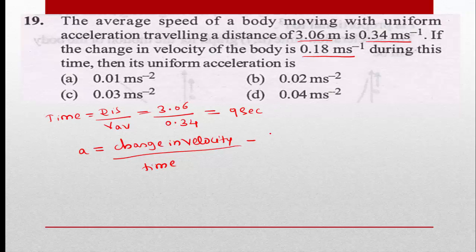The change in velocity is 0.18 meter per second divided by the time t value, 9 seconds. 0.18 divided by 9, we get the answer 0.02 meter per second square. a is equal to 0.02 meter per second square. The right answer for this question is option B.